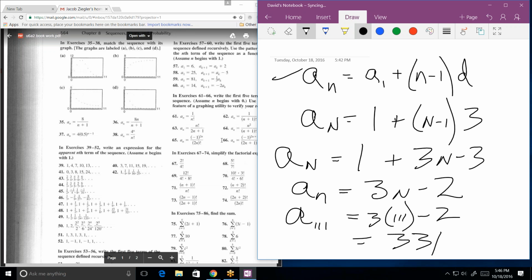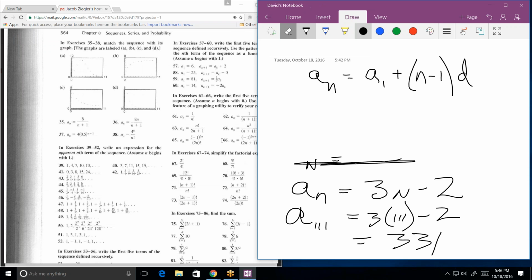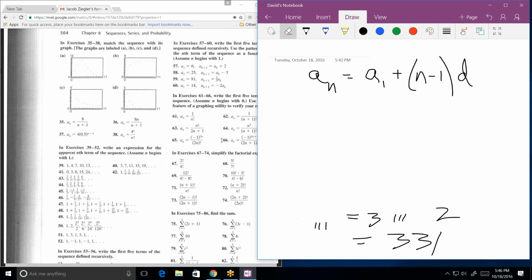Okay, let's look at 40. Okay, start with the general formula. And plug in everything you know. What's a sub 1? Which question are we doing here? 40. 40. So the first term is 3.